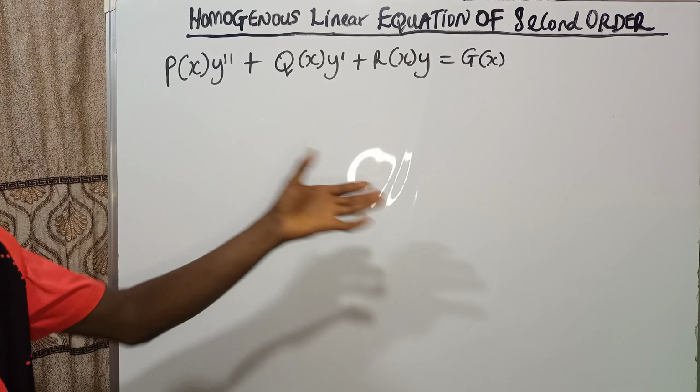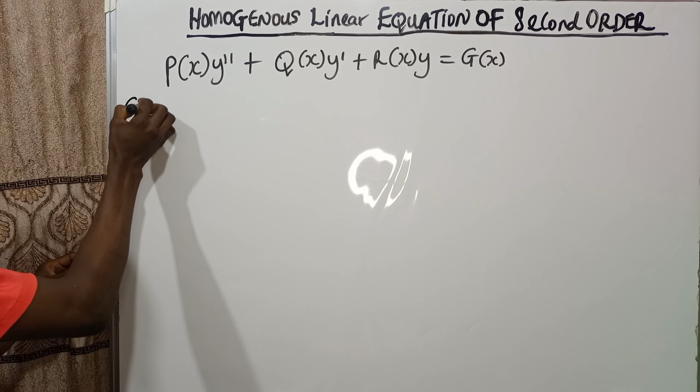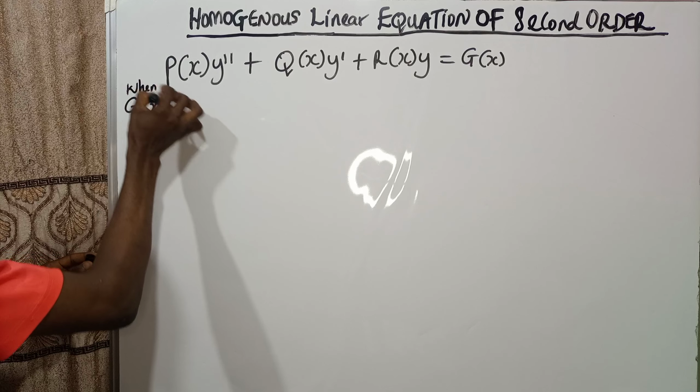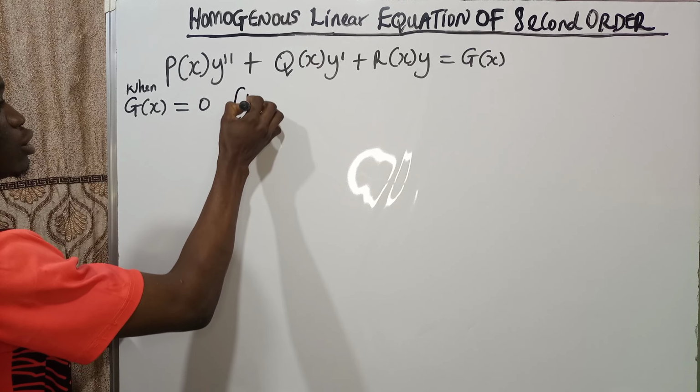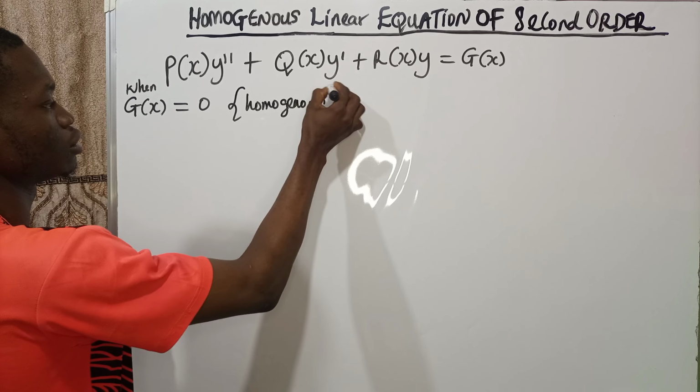Now we have conditions for this g of x. When g of x is equal to 0, we know that it is homogeneous.